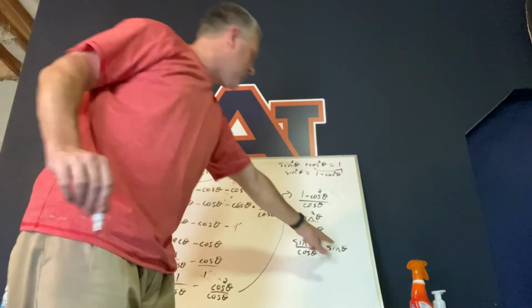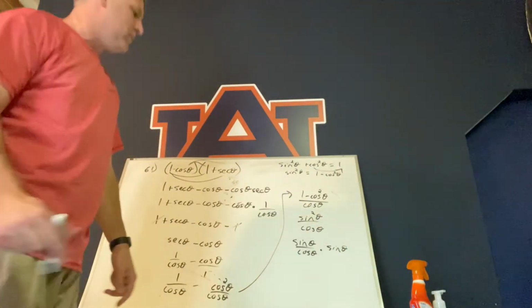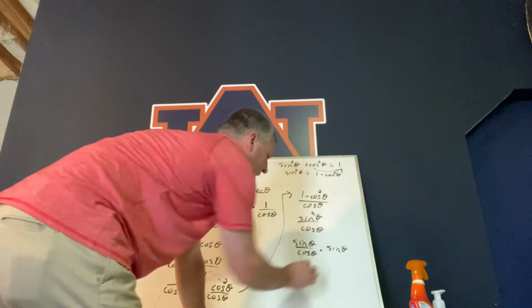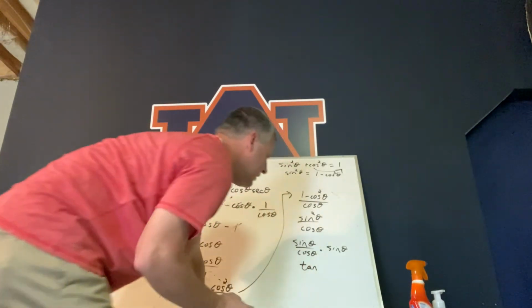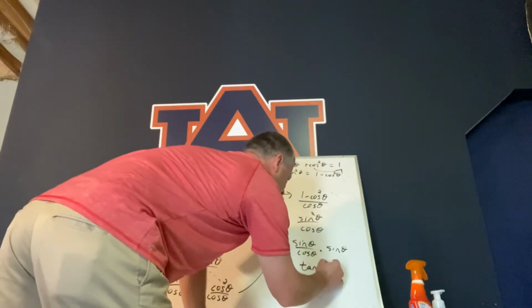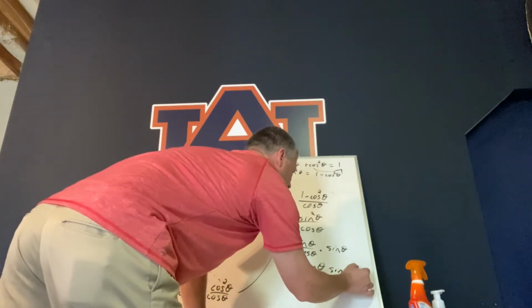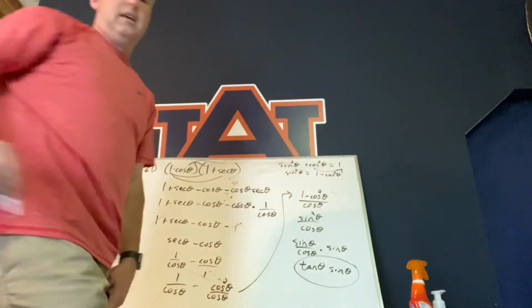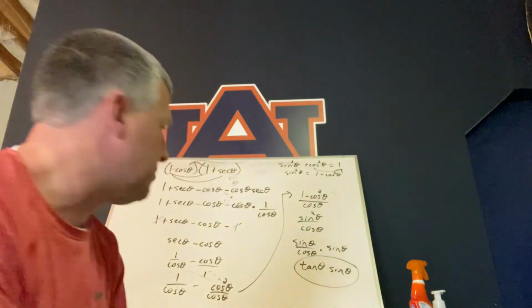Okay, you see that? Because sine times sine is sine squared. I'm just rewriting this. Now, sine over cosine is tangent. That's tangent theta times sine theta, and that is another potential simplification of this problem.